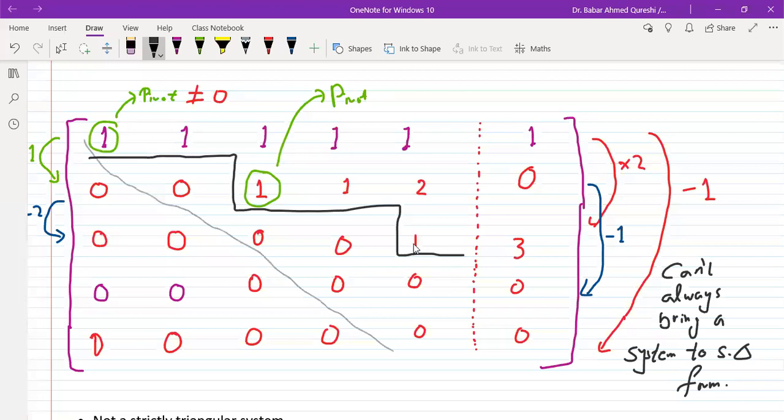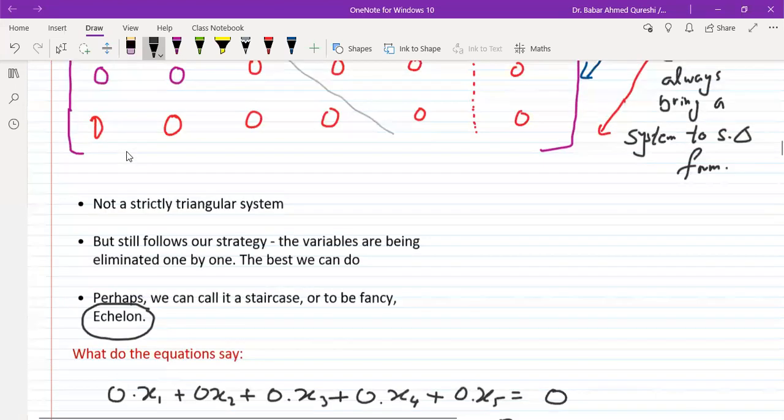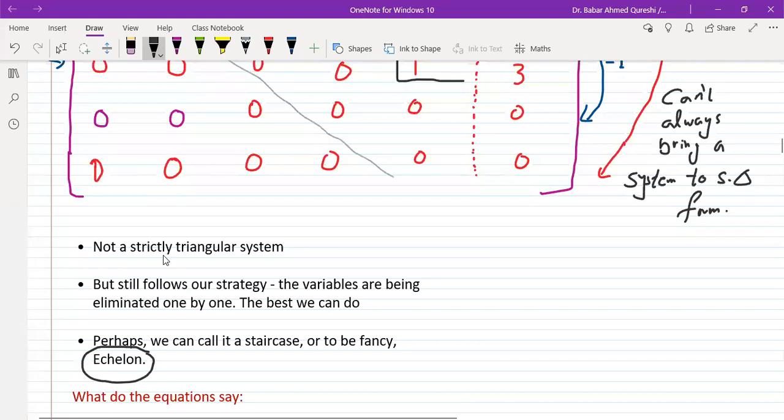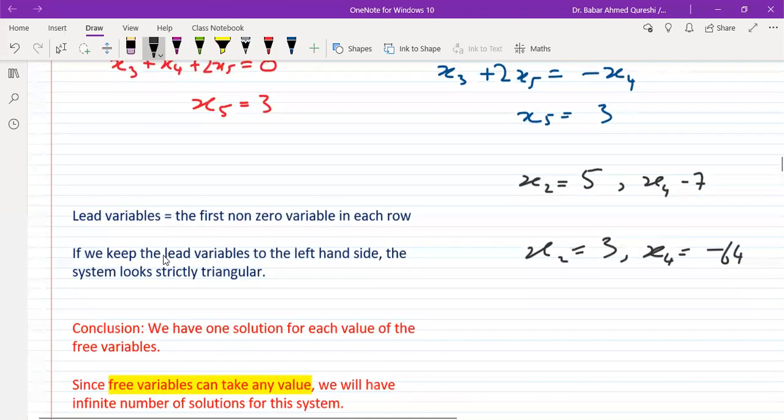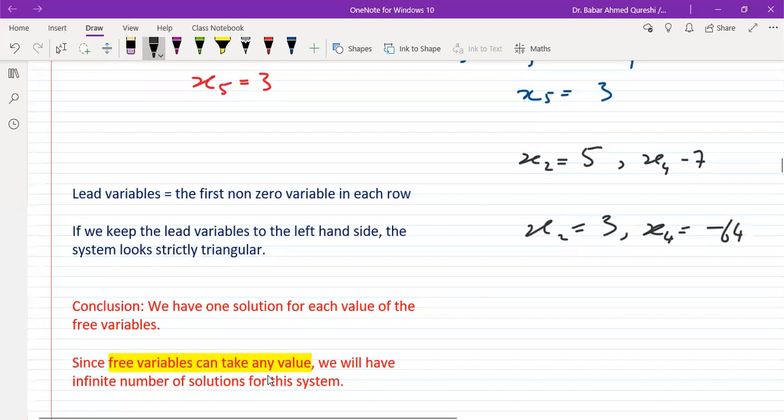If you collect these dropping variables, which I'm calling the lead variables, you get a triangular system. And since you can give any value to x2 and x4, there's just not enough information in the system. Any value of x2 and x4 will do. You get an infinite number of solutions for this system.